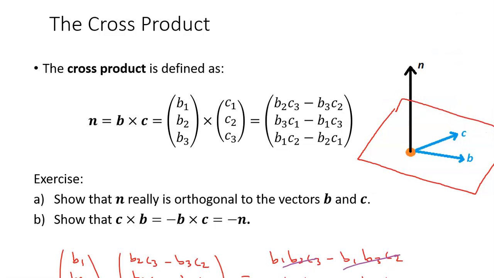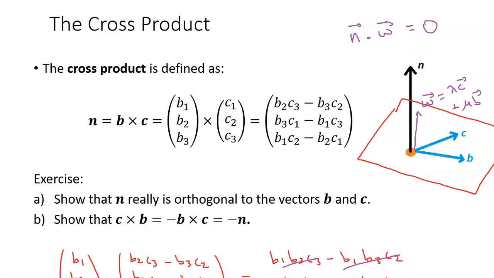And so that means also that n is orthogonal to any vector that is inside the plane or parallel to the plane that is spanned by B and C, because any such vector is a linear combination of C and B. It's equal to lambda times C plus mu times B for some real numbers lambda and mu, and therefore n dot W is also equal to 0 because it's equal to lambda times n dot C plus mu times n dot B, and both of those are 0.